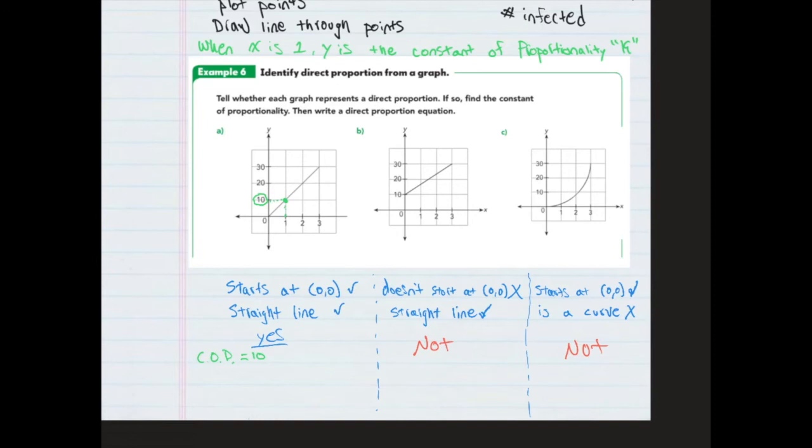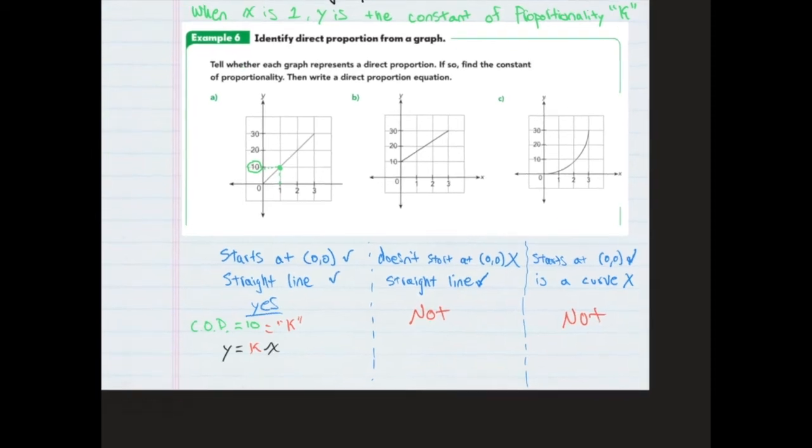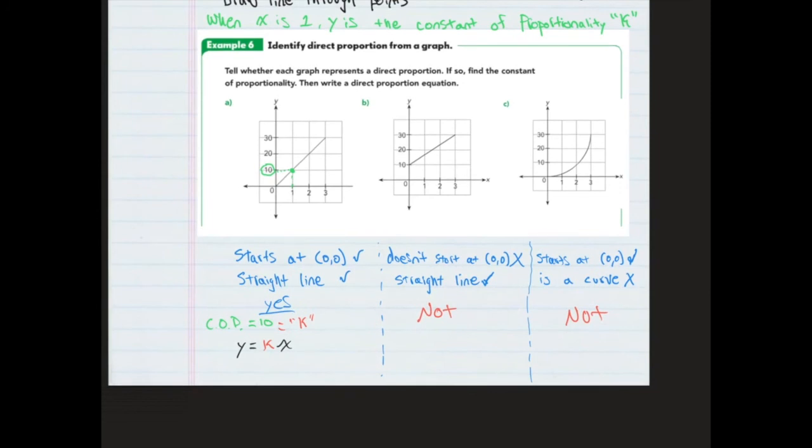And since I know that my constant of proportionality is 10, and my direct proportion equation is just that generic y equals kx, where you fill in a number for k, my equation for this one is going to be y equals 10x.